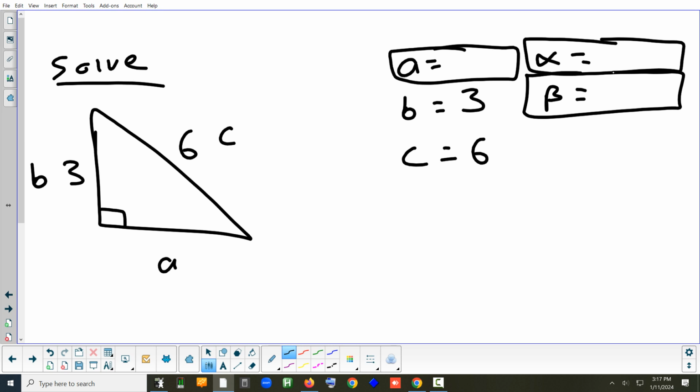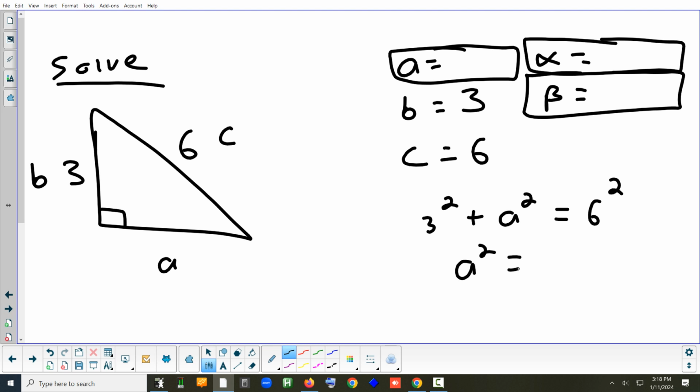So can you set up the Pythagorean theorem to find A using the 3 and the 6? B squared plus A squared equals 6 squared. Yep.